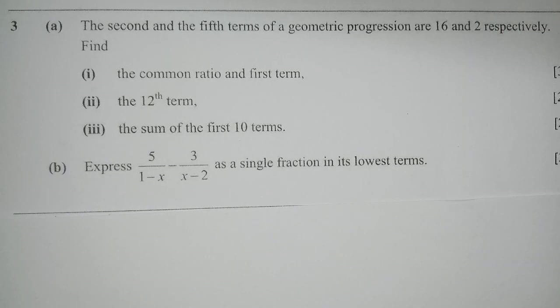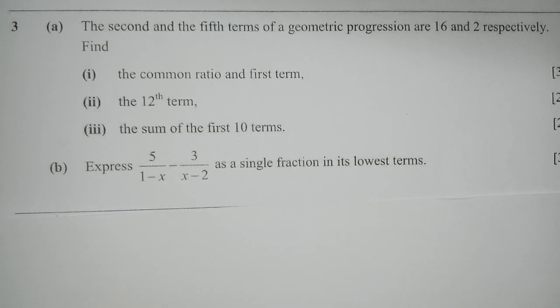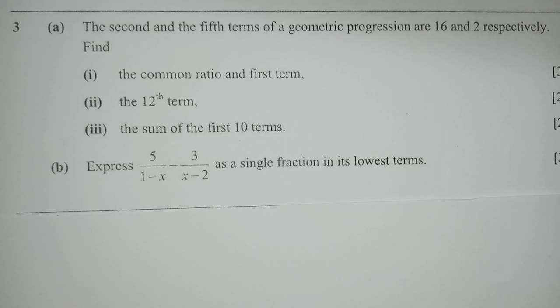Question 3a. The question reads, the second and the fifth terms of a geometric progression are 16 and 2 respectively.